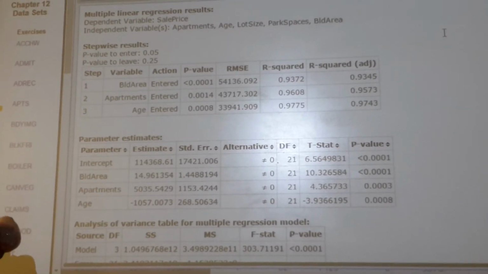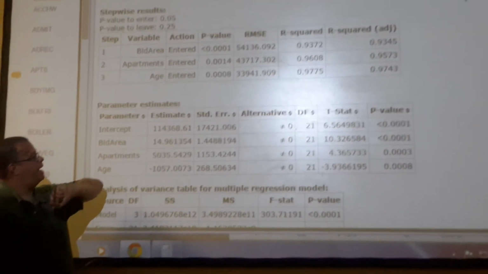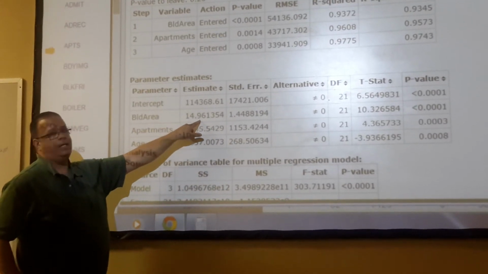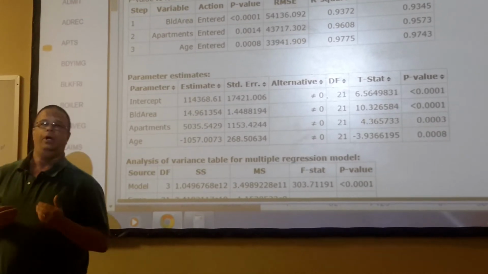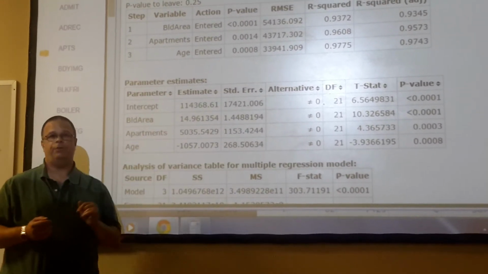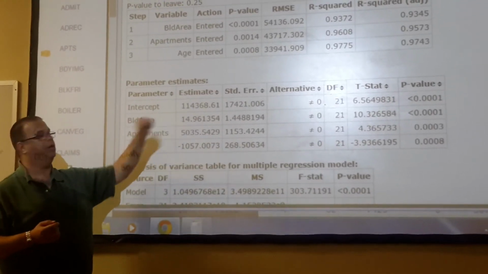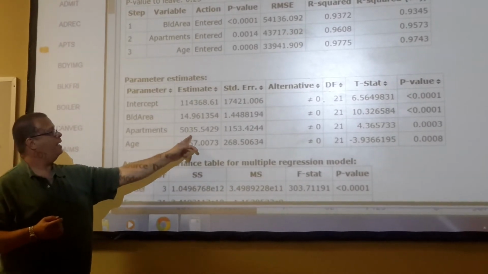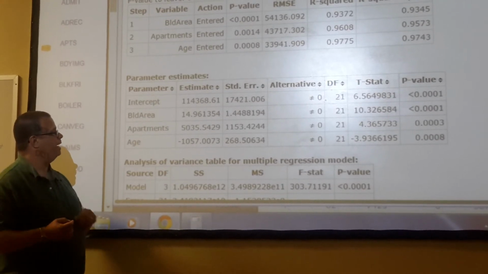If we were to create our equation here, we would have the intercept as 114,368. Building area is $14.96, or in other words, for every square foot of size of the building itself, it's adding about $15 to the selling price, over and above that base value. For every additional apartment in the building, it's adding just over $5,000 on average to the selling price.